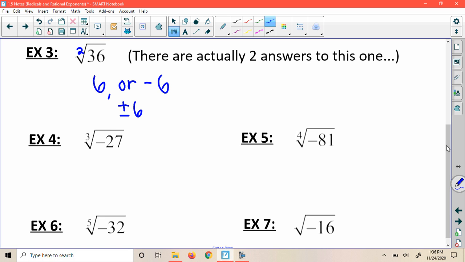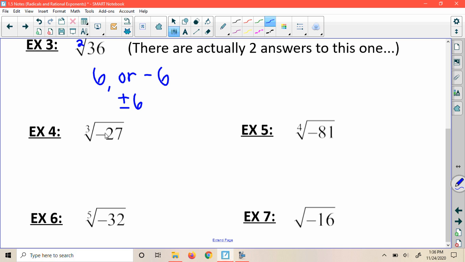Okay, so now these last examples, notice they all have negatives inside of the root, inside of the radical. So let's see how that works out. First one, third root of negative 27. So I have to think to myself, is there some number that when I take it to the third power, it equals negative 27?